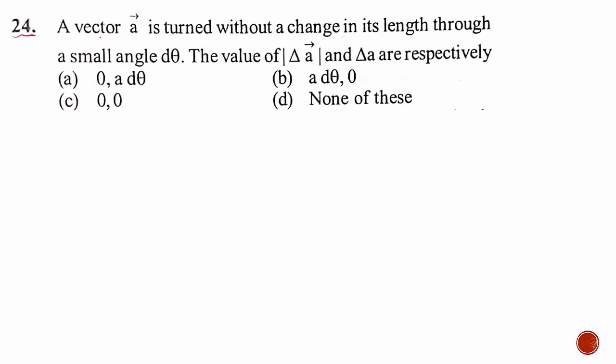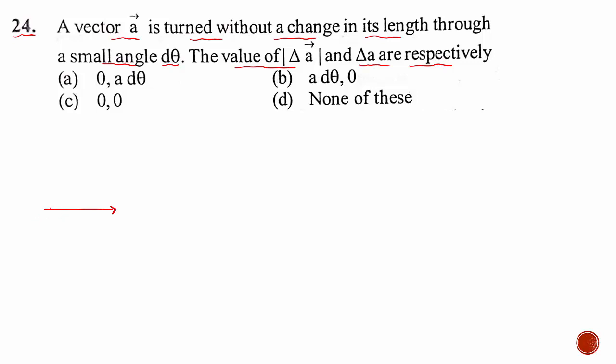24th question. A vector A is turned without change in its length through a small angle d theta. The value of delta A, mod of delta A and delta A are respectively. Yes, we can consider a vector A. This vector A is changing its position.